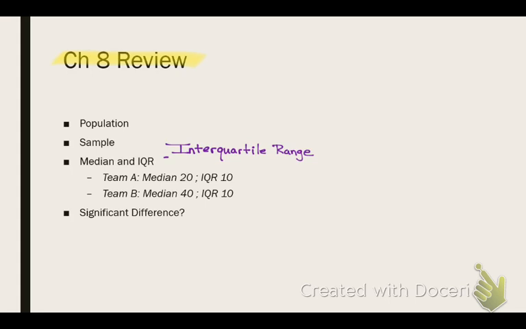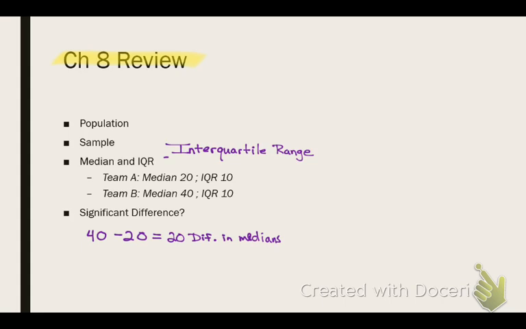Okay, right on. So 40 minus 20, here's what you would show on your test. 40 minus 20 equals 20, which is the difference in the medians. You can abbreviate difference in the medians. Now, if there's a 20 difference in the medians, it needs to be double the highest IQR, and the IQR is what? 10.